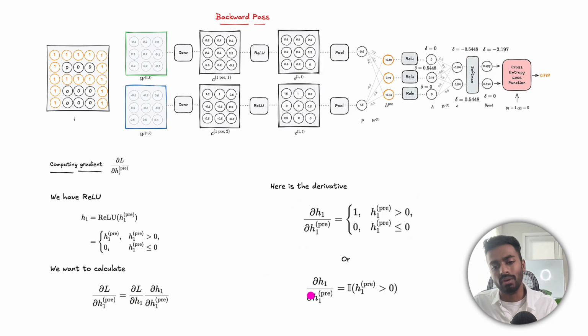Or, purely for mathematical notation, we can represent it by an indicator value: if this H pre, that is this neuron over here, is greater than 0, then the output is 1. Otherwise, it's 0. It's basically saying the same as this right over here, but it's just more concise notation.